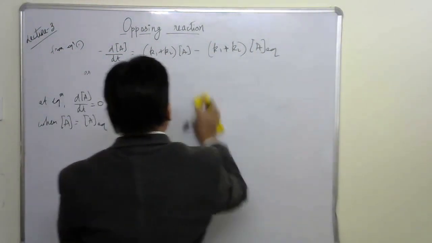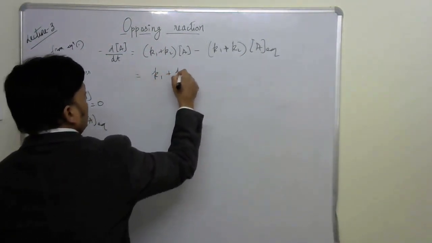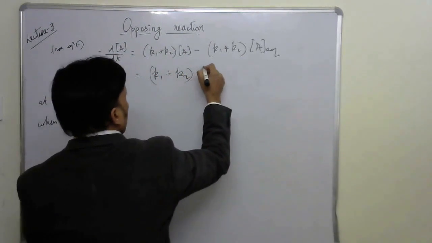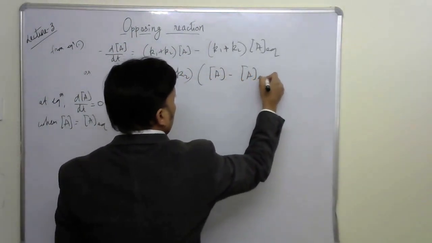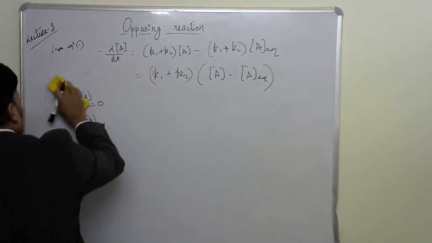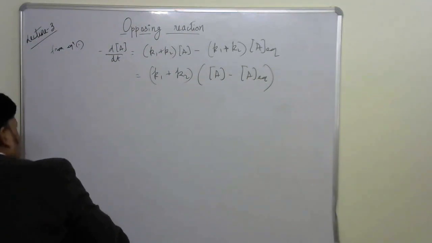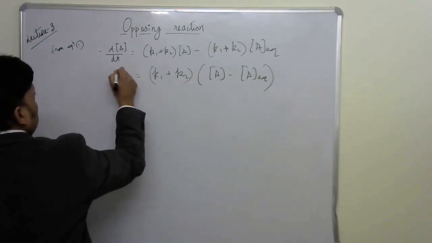If we simplify that, it takes the shape like this: K1 plus K2 multiplied by A minus A equilibrium. All right, so this part is our dA/dt, of course.